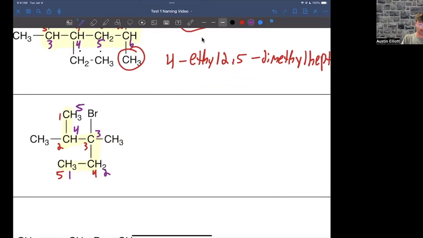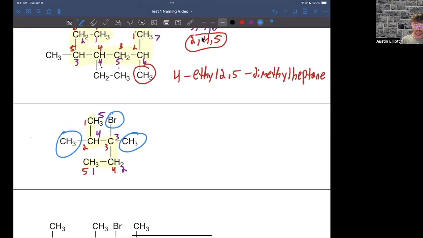We want to look at where the groups are. We have a group on this carbon, another group there, and a group there. So red is going to give us a 2, 3, 3, and then purple is a 3, 3, 4. So we're going to go with our red numbering.